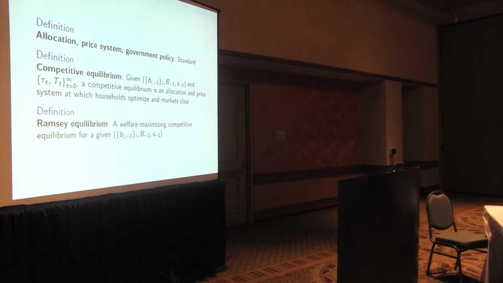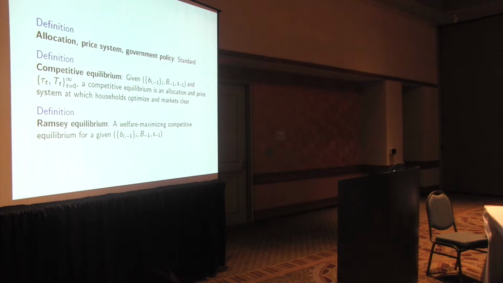There are three objects. It's the initial distribution of debt and the Markov state. Given that, and a particular tax policy, we can define the competitive equilibrium, which would be a sequence of consumption allocations, labor allocations, and asset purchases for the agents that solve individual optimality, and prices such that individuals optimize and markets clear.